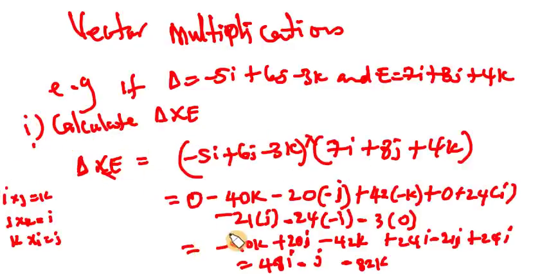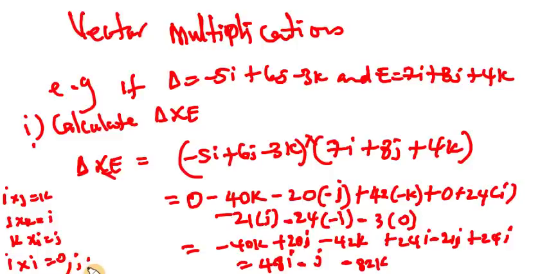So let us solve this problem before us. Let us use the idea of cross products to evaluate this. When you are given that D equals this and E equals this, we are finding D cross E. We use it directly. We are going to make use of the determinant method, and we are going to follow this rule. We know that when we cross I and I, it gives us 0.